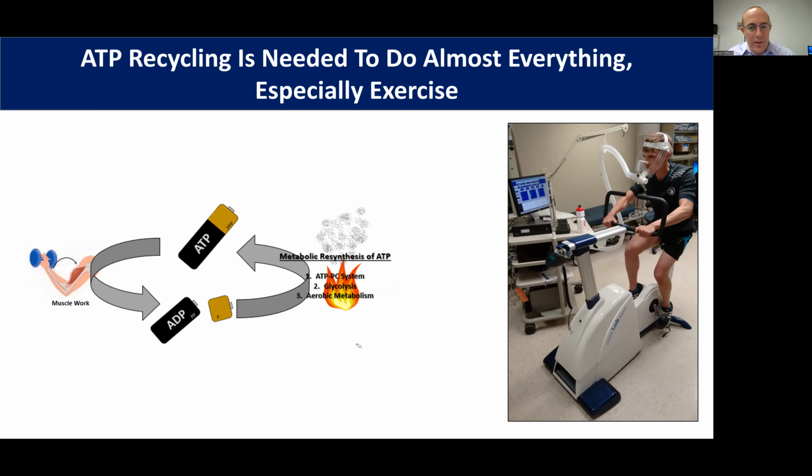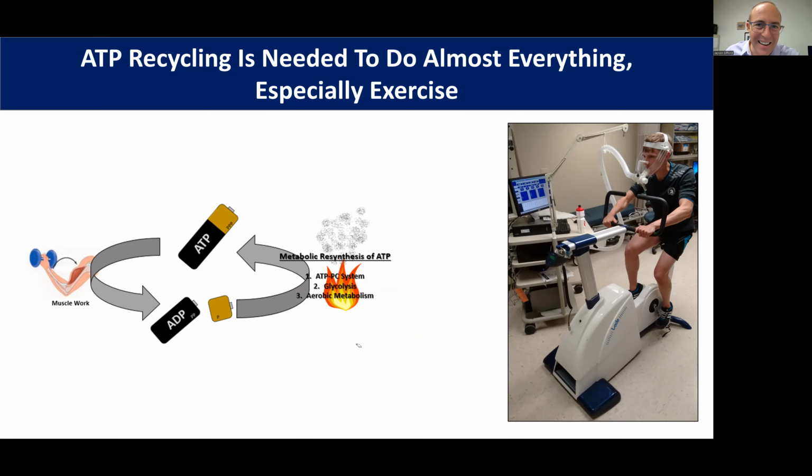Now, the issue that happens with these anaerobic mechanisms is that, yes, you can recycle ATP with them, but they're limited in their capacity, especially the phosphagen system, the ATP phosphocreatine system, which can only do you for a couple of 30 seconds or so. But additionally, these anaerobic pathways also produce a lot of pollution, so to speak, for the muscle as it's exercising.